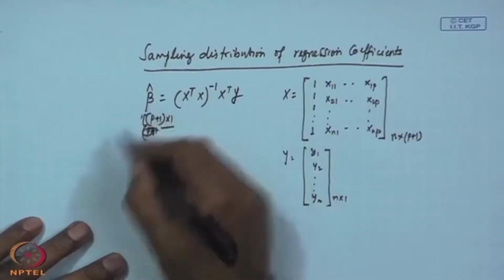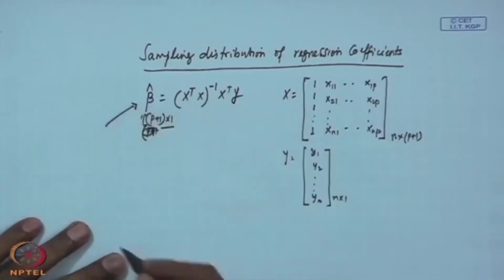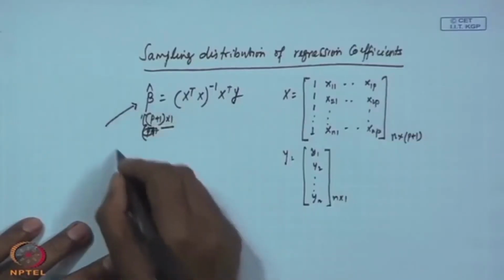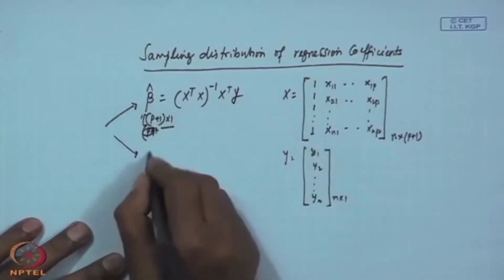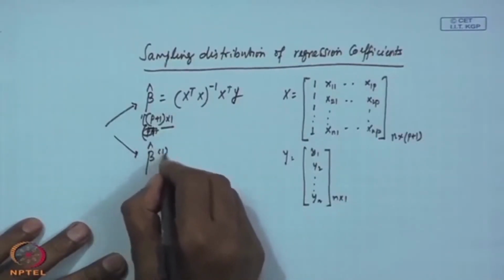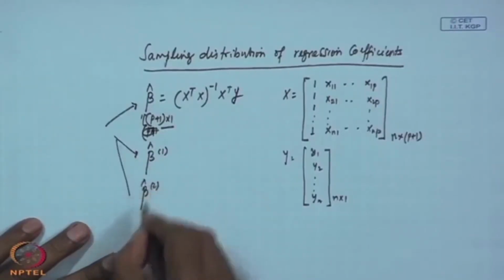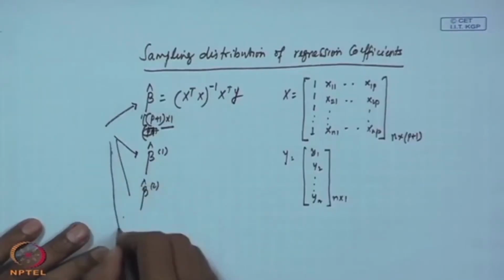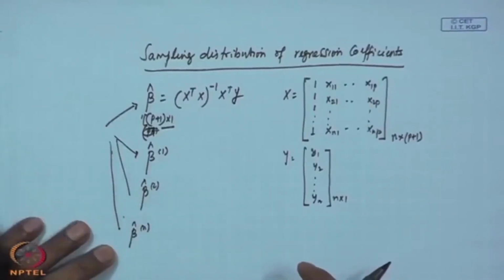So if you collect one sample, you get some value for beta cap. If you go for another sample, your beta cap will be different. For example, sample 1 gives beta cap 1, sample 2 gives beta cap 2. Like this, if you go for n samples, you will get a series of beta cap values.